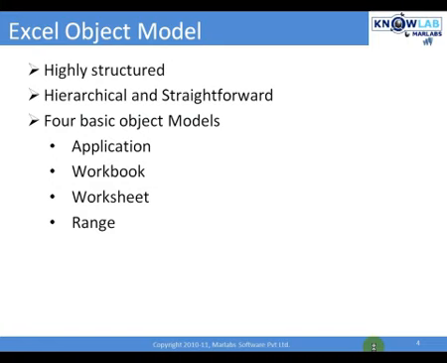This includes application, workbook, worksheet, and then range. The application object represents the entire application, and each workbook object contains a collection of worksheet objects. From there, the major abstraction that represents cells is the range object, which enables you to work with individual cells or groups of cells.